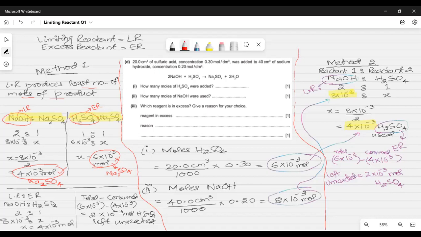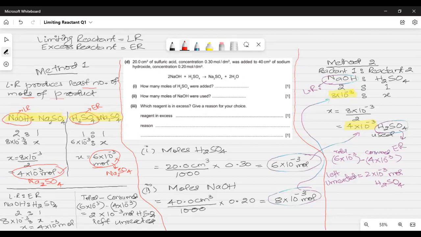That's method two. There is a downside to method two as well, but even that downside gives you, with just one ratio, you can identify the limiting and the excess reactant. So I tend to refer to method two when you're only supposed to identify the limiting or excess reactant, since only one single ratio can do the trick.